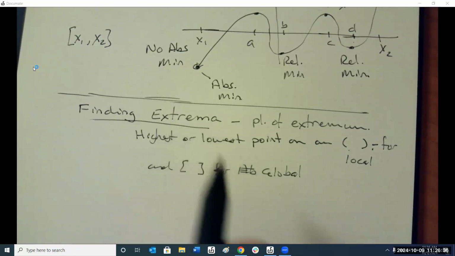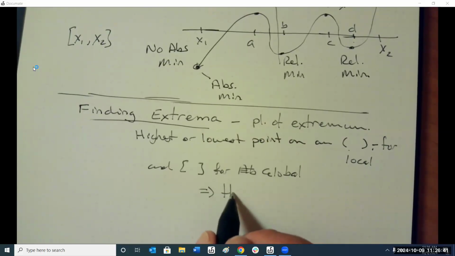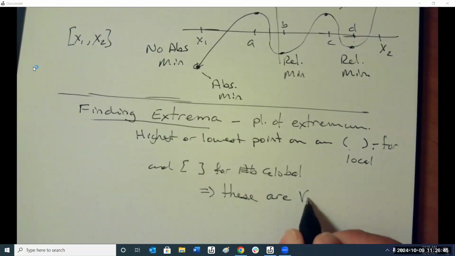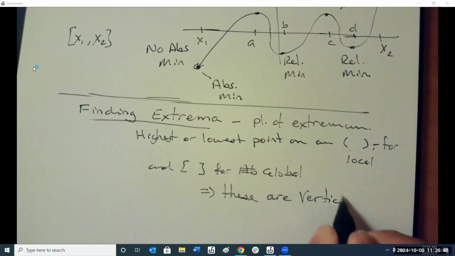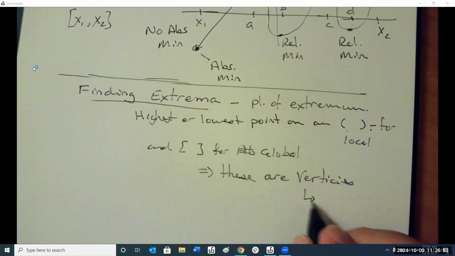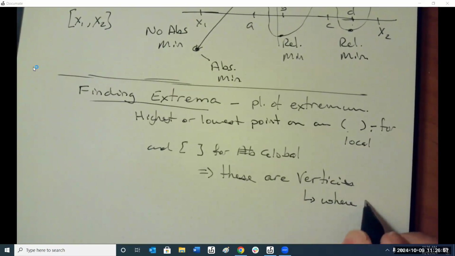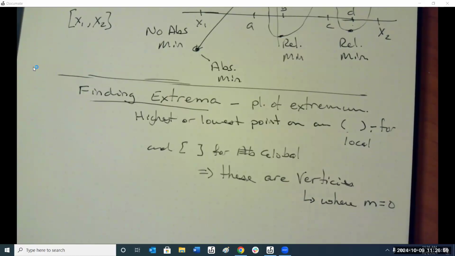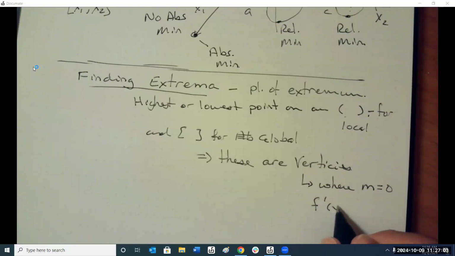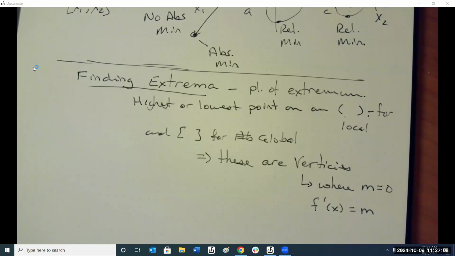Now, remember, these are vertices. Vertices exist where the slope is 0. And remember, the first derivative is our slope of the tangent line to the curve at that point.